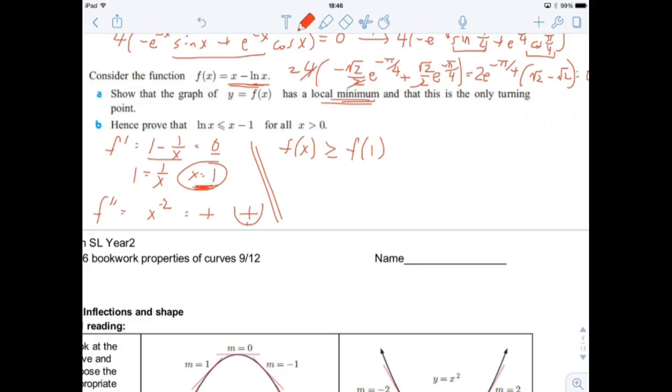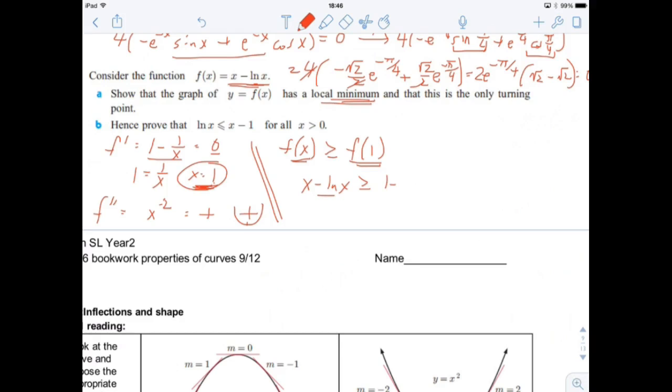Now with part B, since we know that x equals 1 is a minimum, we can say that the function at x equals 1 is the smallest value possible. Otherwise, the function is always greater than that. Now we're just going to substitute in the expression for the function. We're going to plug in 1 here.